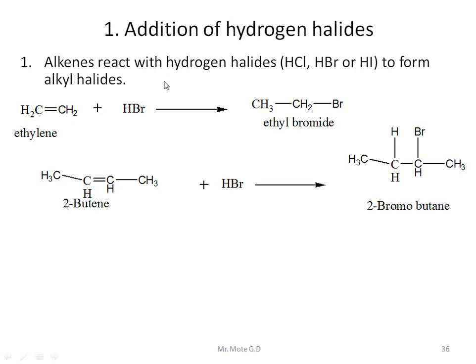Alkenes are treated with hydrogen halides HCl, HBr, HI to form alkyl halides. Ethylene treated with HBr forms ethyl bromide. 2-butene treated with HBr forms 2-bromobutane.